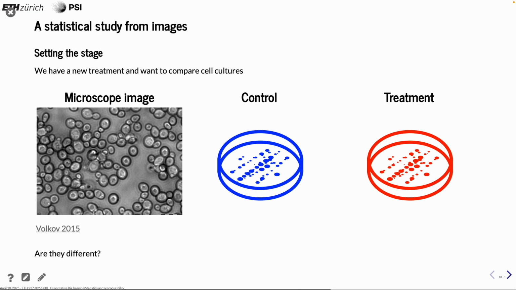So, switching on to a more practical study. Let's say we have these microscope images of a bacteria colony or cell colony, and we want to compare them. We have a control and we have a treatment, and want to know if they are different.